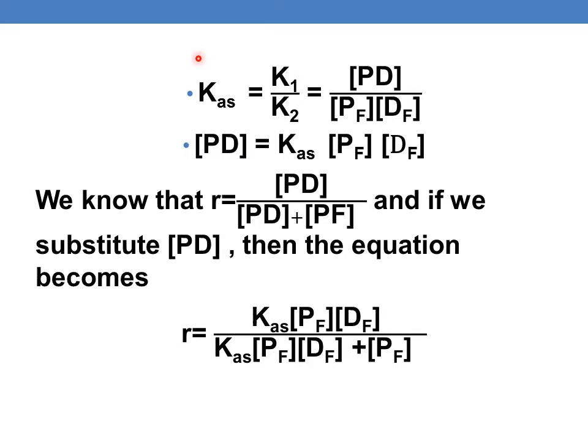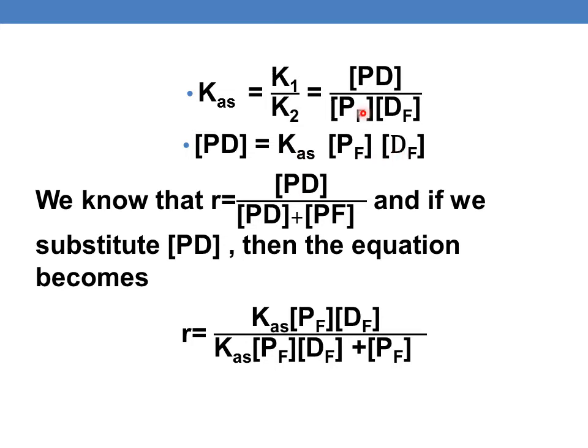Now, when we talk about the equilibrium constant, we all know Ks, the equilibrium constant, is equal to PD by PF into DF. If we rearrange the equation, we get PD is equal to Ks into PF into DF.